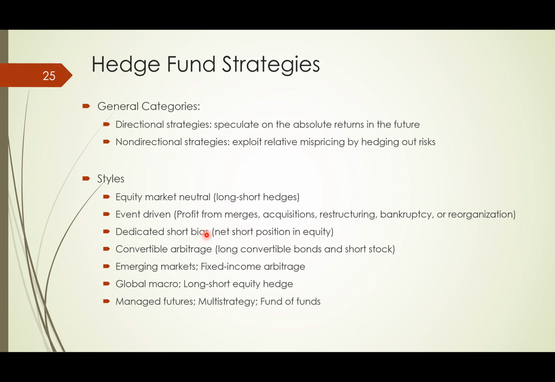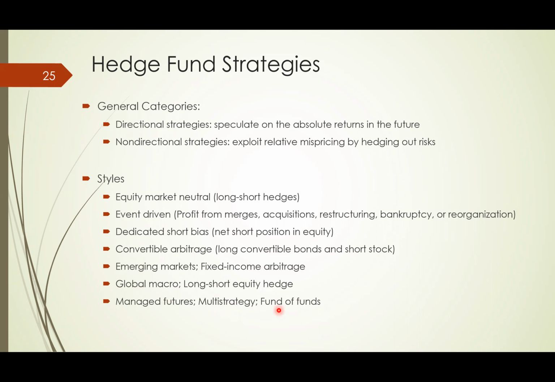They only go short to generate profits that are uncorrelated or negatively correlated with the markets. Convertible arbitrage focuses on convertible bonds versus stocks. There are also emerging market and fixed income arbitrage, global macro, long-short equity hedge, multi-strategy, and so on and so forth.